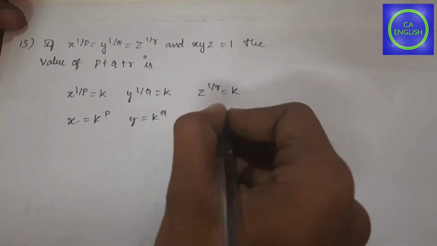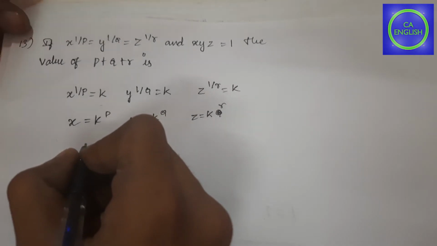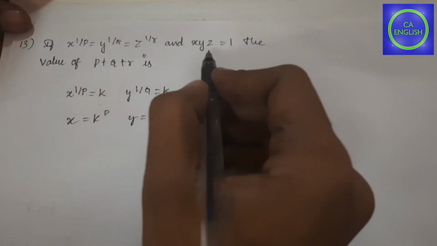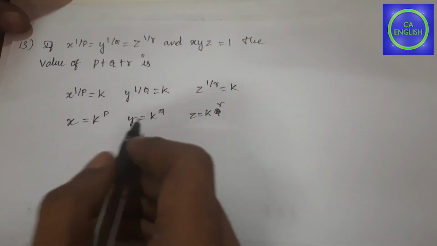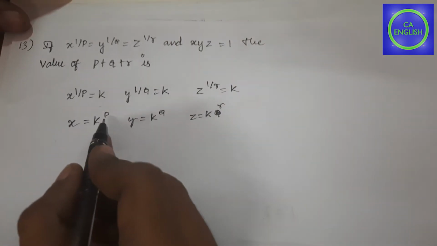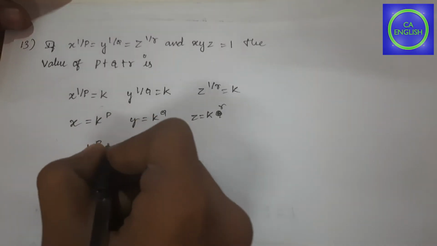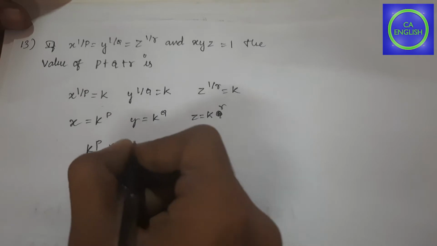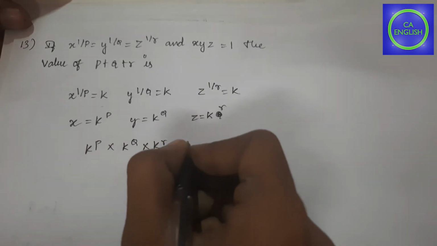Next step, we have the value that xyz is equal to 1. Now we are going to substitute the values: k power p into k power q into k power r is equal to 1.